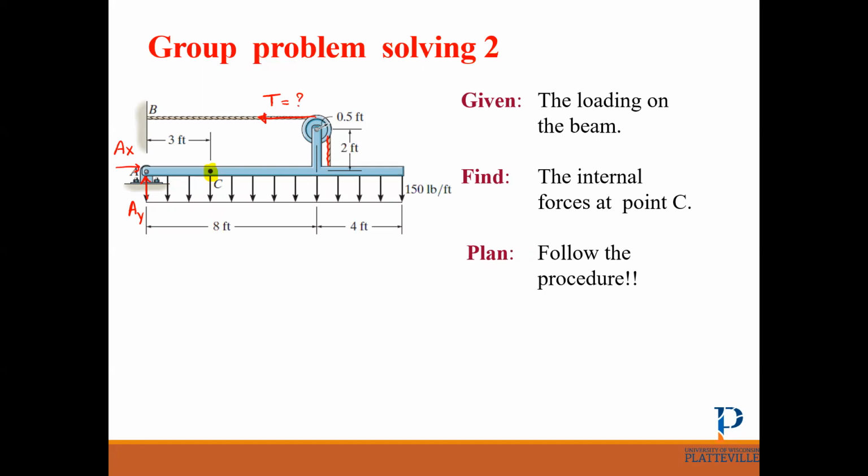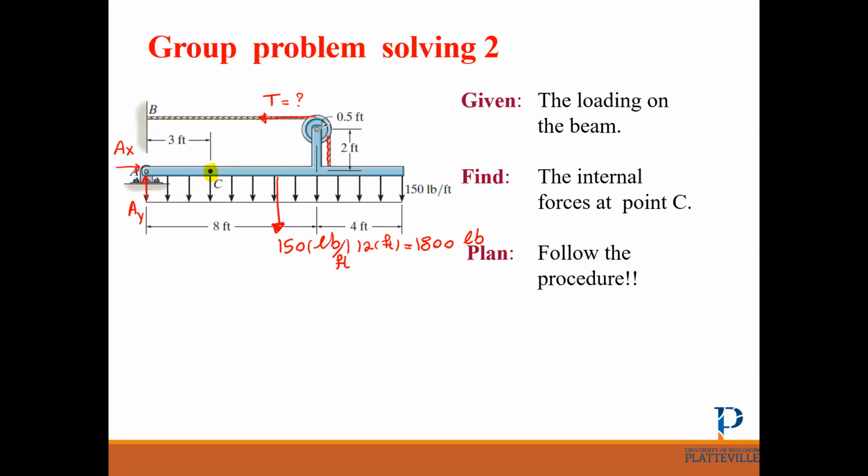And also we have some distributed load here. How do we find the resultant force for this one? You can find the resultant force by taking this force, which is 150 pounds per foot, multiplied by the length, which is 12 feet, right? And the resultant is 1800 pounds, right?